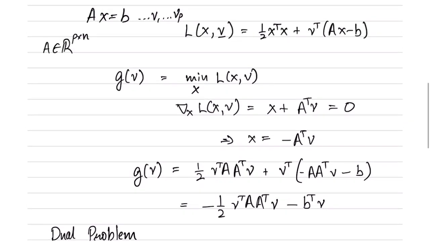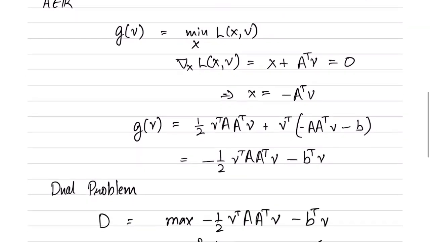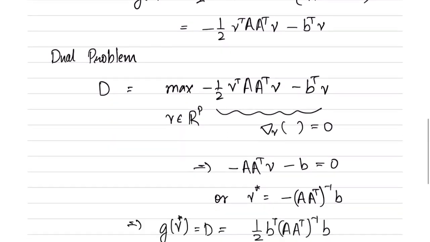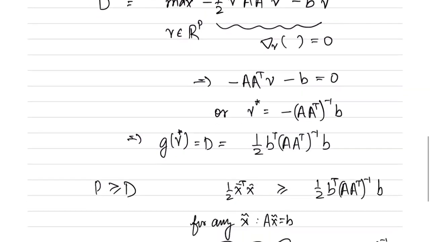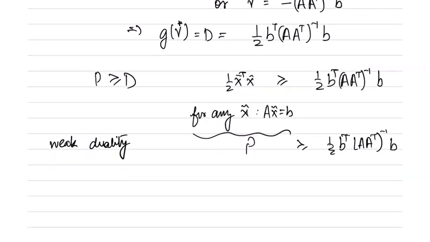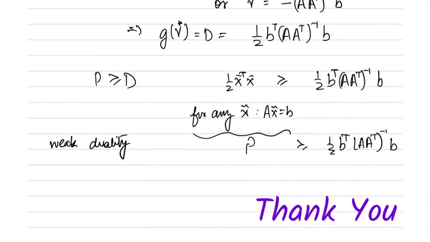In fact, even if we don't know how to solve the primal problem, we can still solve the dual problem, because in this case the dual problem is unconstrained. Generally, whenever you have a primal problem with affine constraints, the dual problem will be unconstrained and you can easily solve it. So that's all I have about weak duality and an example application. We'll look at more applications later.